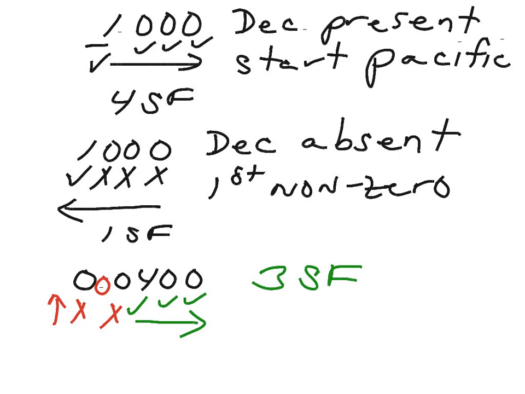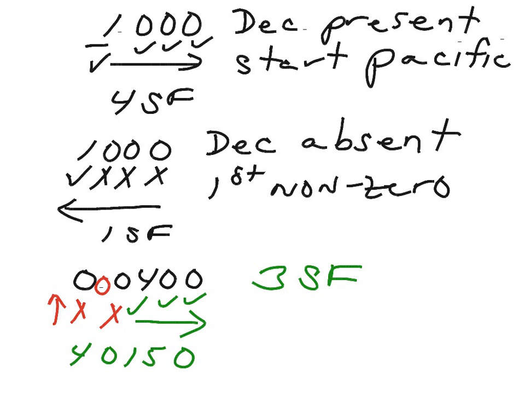Let's try one last example with the number 40150. Okay, so there's no decimal present. The decimal's absent. Since the decimal is absent, we're going to start at the Atlantic coast.